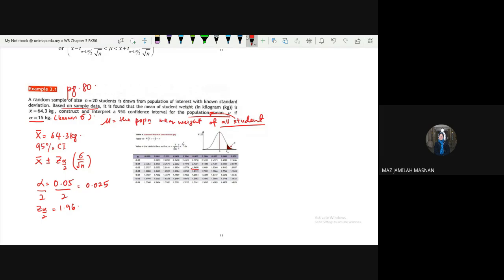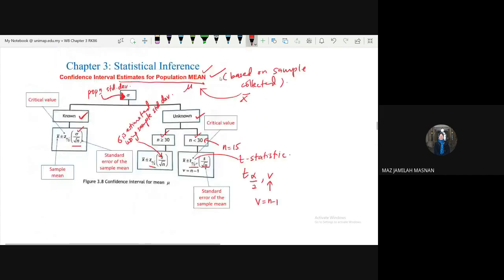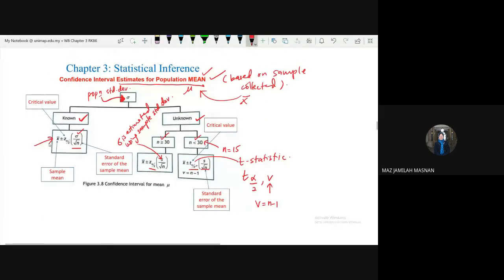Now let's begin answering. You know that your x bar is 64.3 plus minus 1.96 multiplied by sigma, which is 15, over square root of n, and your n is 20. Now, class, why am I using this formula whereas I know my n is 20? Class, can anyone comment?